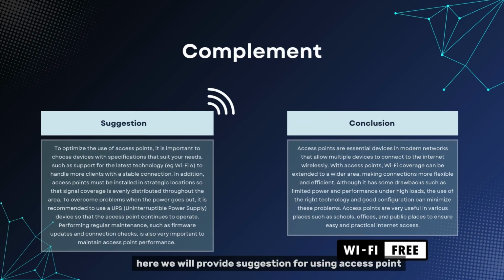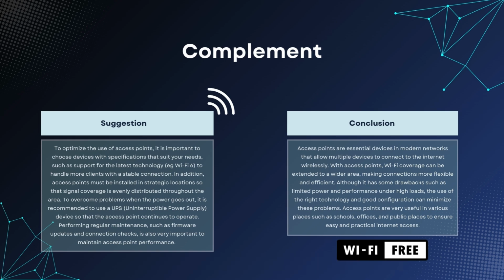Here, we will provide suggestions for using access point. To optimize the use of access point, make sure you use tools according to the specification you need with the support of the latest technology. Then install the access point in a strategic location to make it easier when you want to connect.